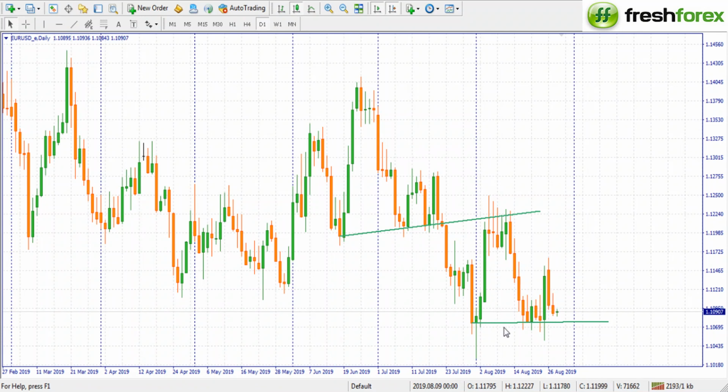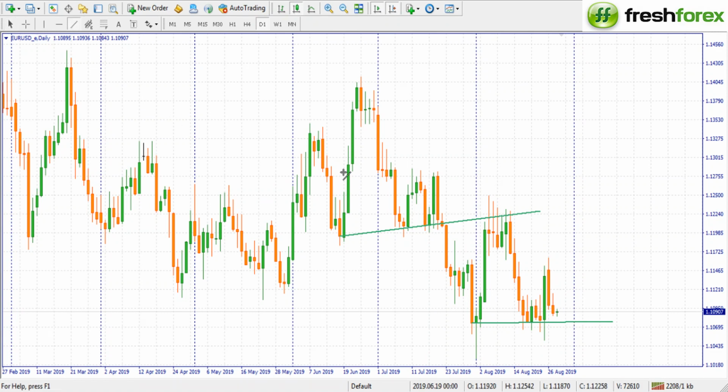But we are still above this level, which means unless we go below this trend line, we may still be heading upwards. Unless price clearly descends below the trend line which I'm currently aligning, this one, the price may still continue to the upper side.